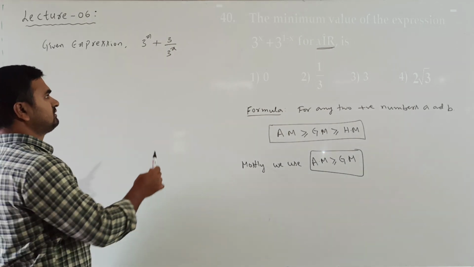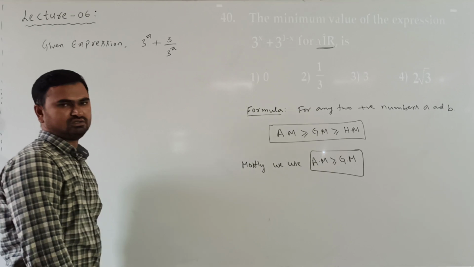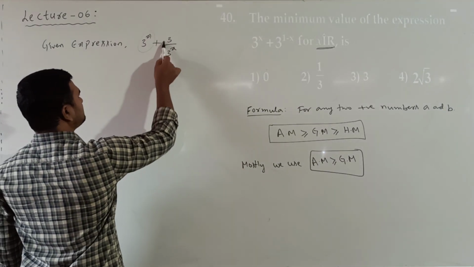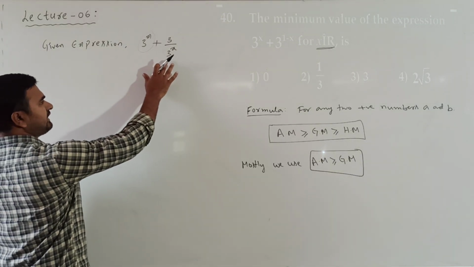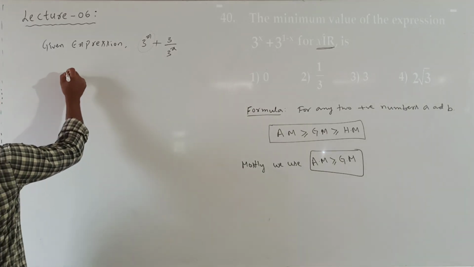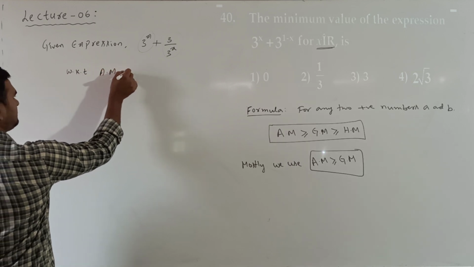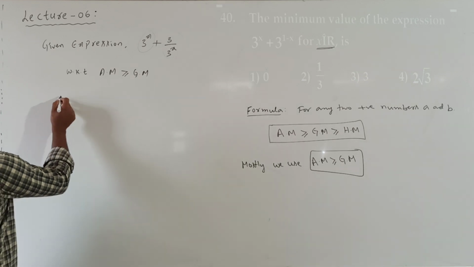Whenever we have a term and its reciprocal, we use AM greater than or equal to GM. Let us take this as a and this whole number as b. For two numbers a and b, the arithmetic mean is always greater than or equal to the geometric mean.